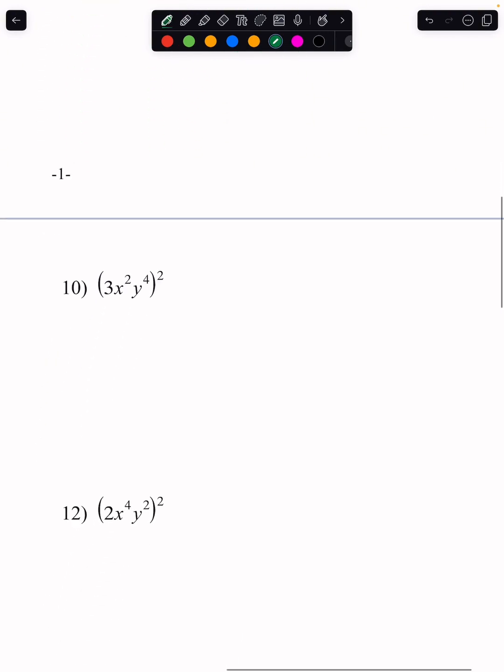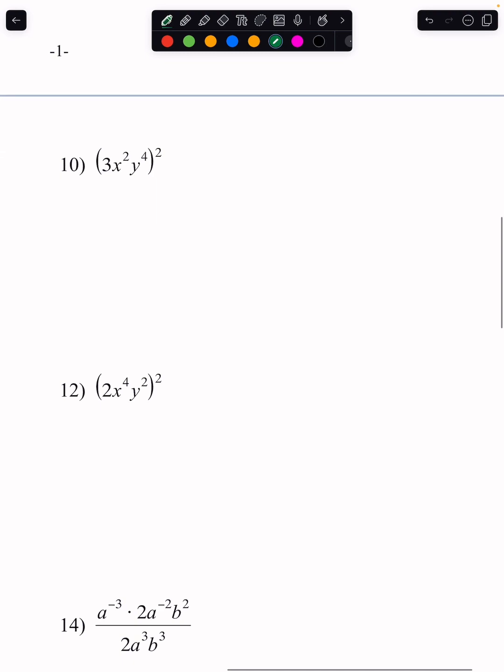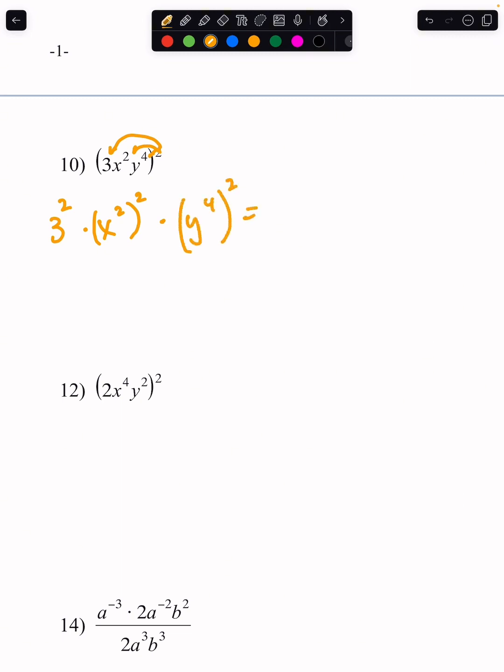Now this one, remember when you have a squared on the outside, remember this is power to a power. This squared has to go to everything. So this becomes 3 squared times x squared times y to the 4th squared. 3 squared is 9.